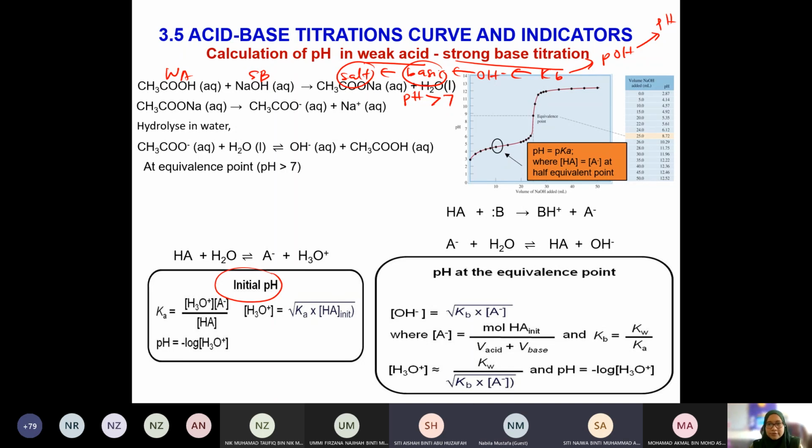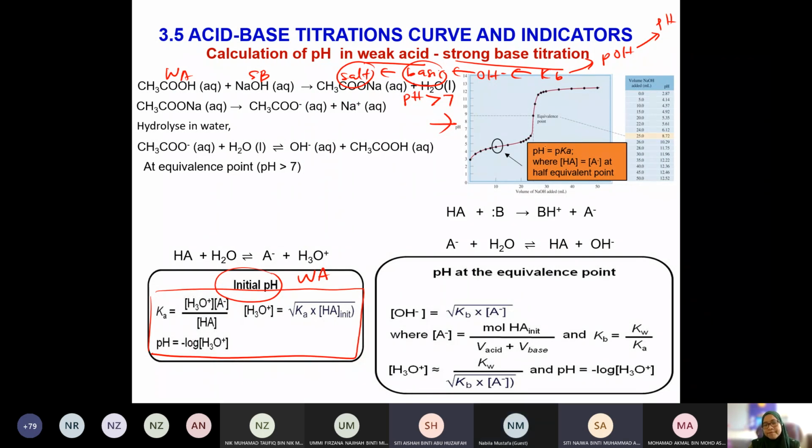Okay? So here it assumes weak acid is in the flask, because based on this graph, the flask has weak acid since it starts from the bottom going up.